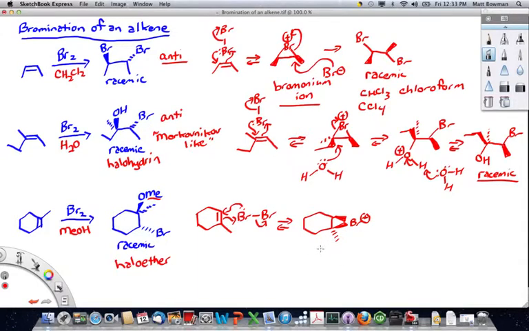and now instead of water attacking, you have another nucleophilic solvent, methanol, that's present, and that attacks.